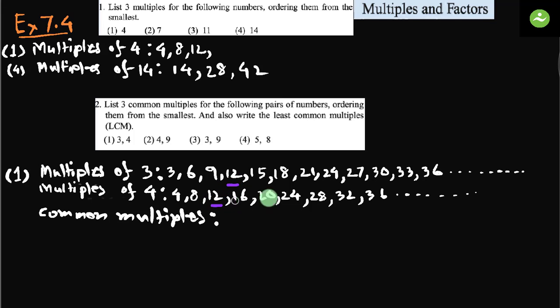So 12 is common. Next common is 24, next common is 36. So now we can write the common multiples are 12, 24 and 36.